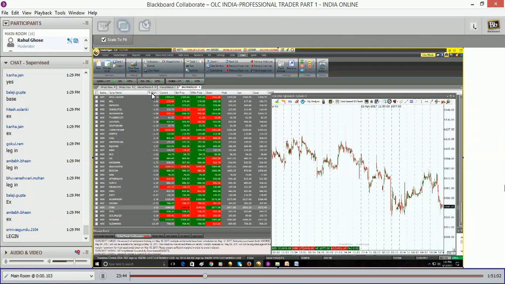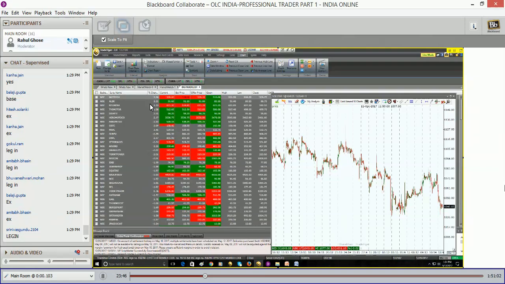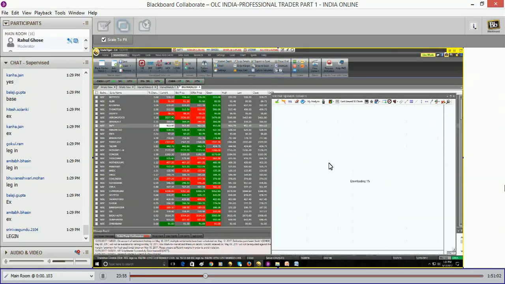No, nothing great over here. Infy's had a good move up today. Let's see if we can plan something.